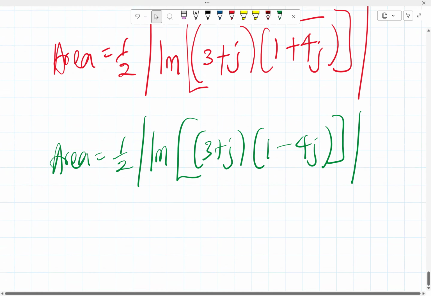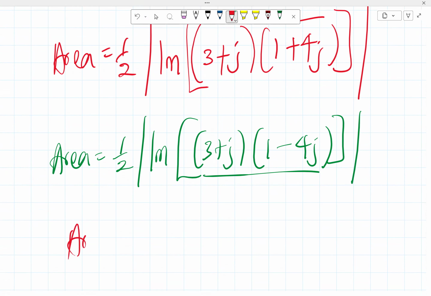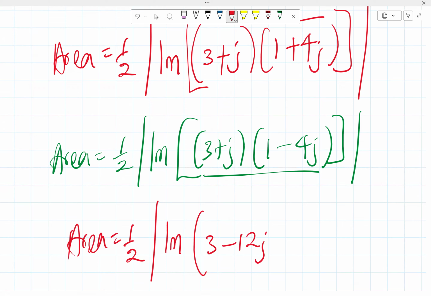Now we can multiply these two. 3 times 1 is 3. 3 times minus 4j is minus 12j. j times 1 is plus j. j times minus 4j is minus 4j squared.